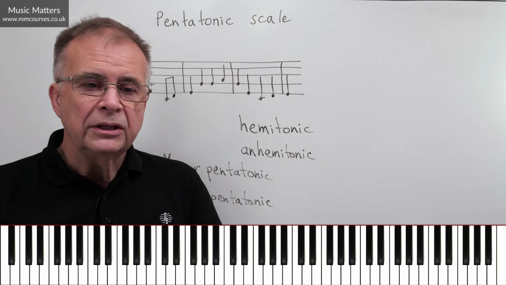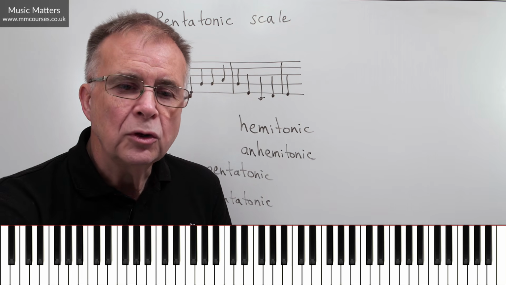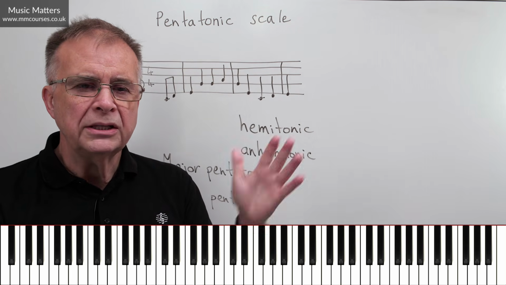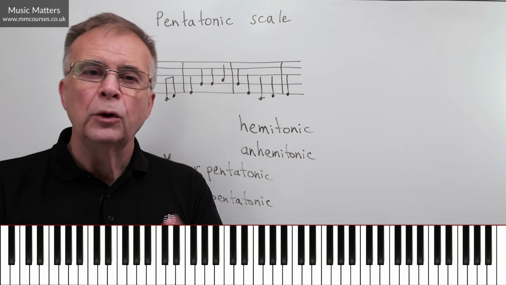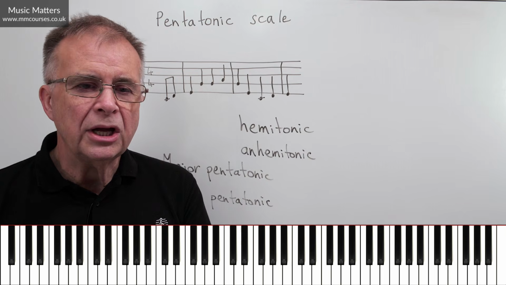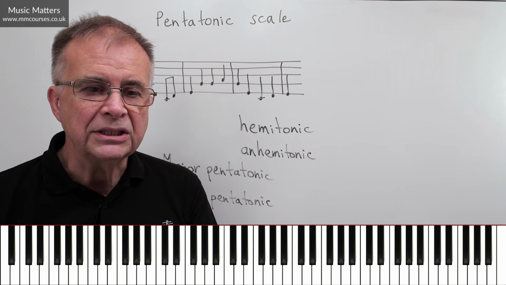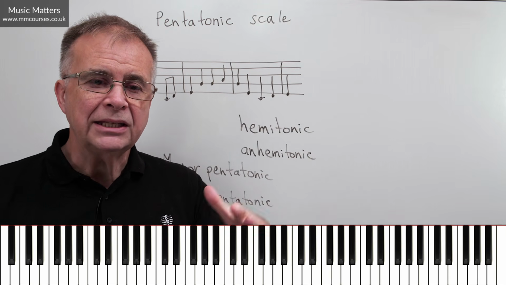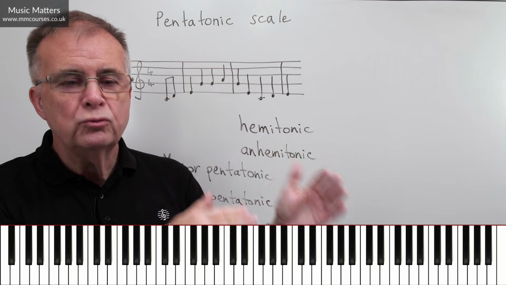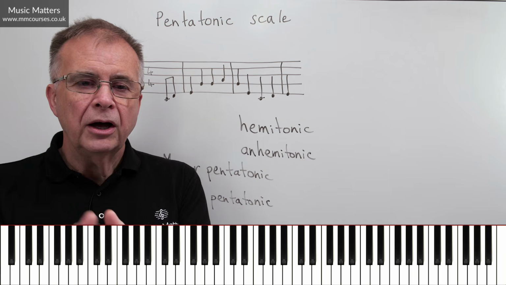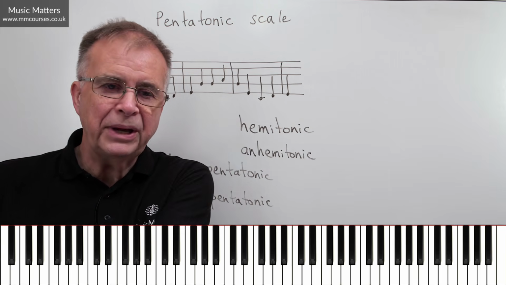Okay? Now, these relative major and minor scales we've been talking about form part of the discussion when we're comparing major and minor pentatonic scales, because as we've just said, the A minor pentatonic scale is the relative minor of C major pentatonic.